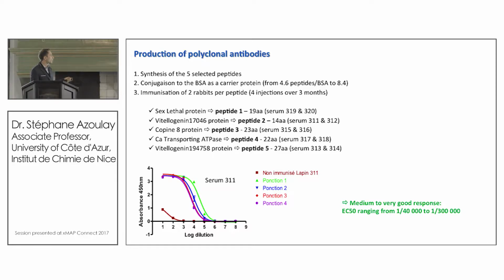As you can see, the peptides were of various lengths, from 23 amino acids to 27 amino acids, and one of 40. Immunization proceeded well. There was no difficulty to get a good or medium response, with some EC50s up to 130,000 for the titers. We then proceeded to the development of the assay using the serum directly, without purification.